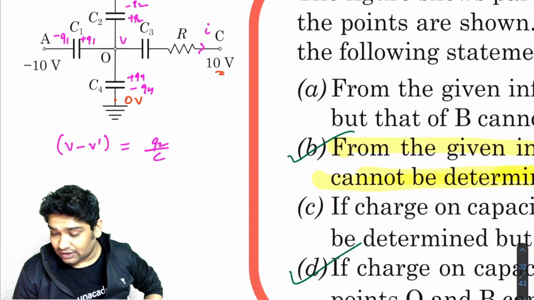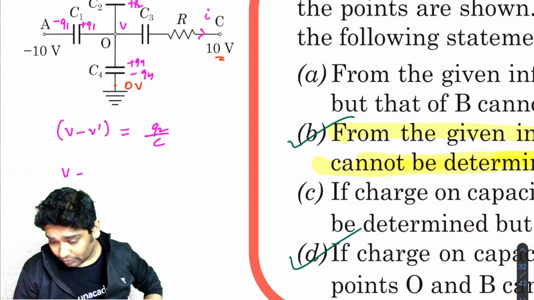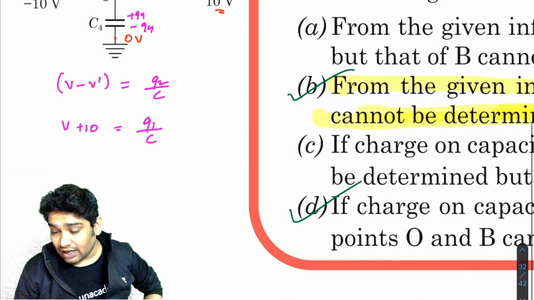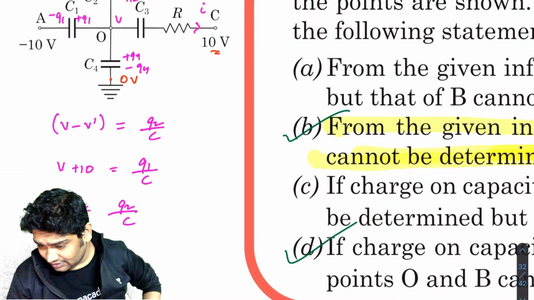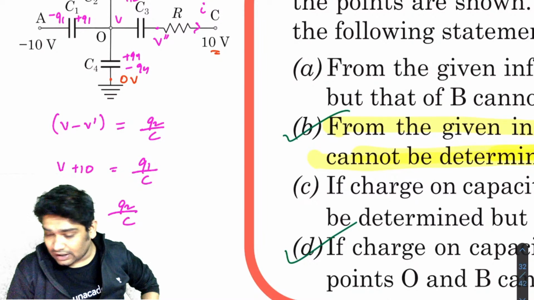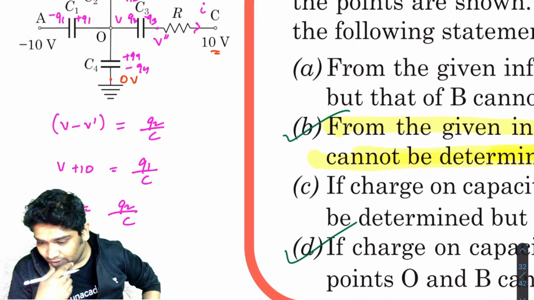I would have said that V plus 10 would have been equal to Q1 over C. I would have also said V equals Q2 over C. And if I say the potential here would have been V double dash, the third thing I could have said was that the sum of all these charges would have been zero.